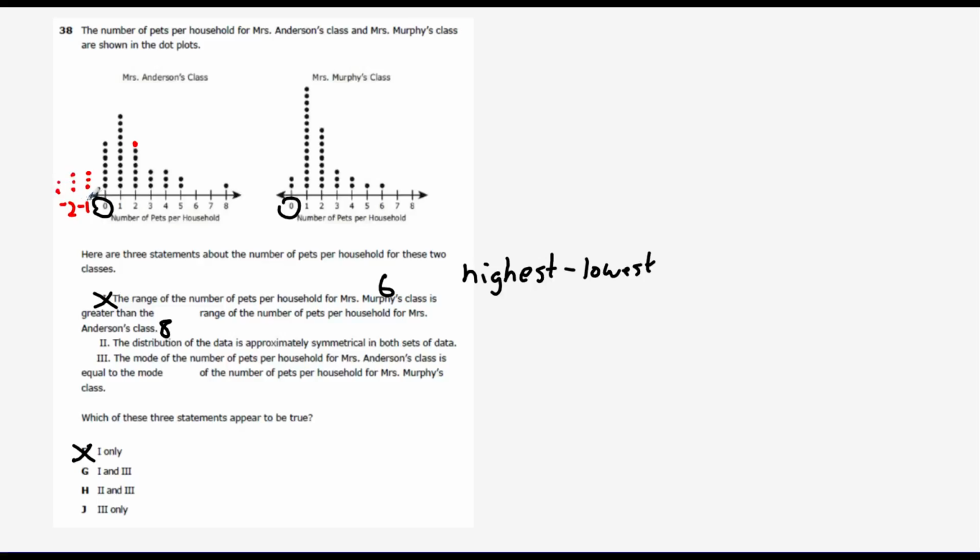Which is weird, but whatever. And then one kid out here, it's like -8 pets. So now we see there's the left side and there's the right side, and they're exactly the same on both. We'd say that this right here is symmetric.